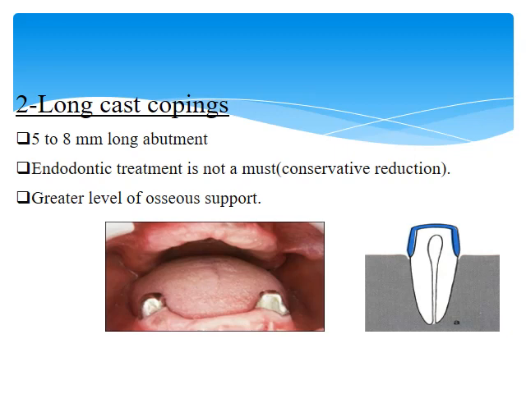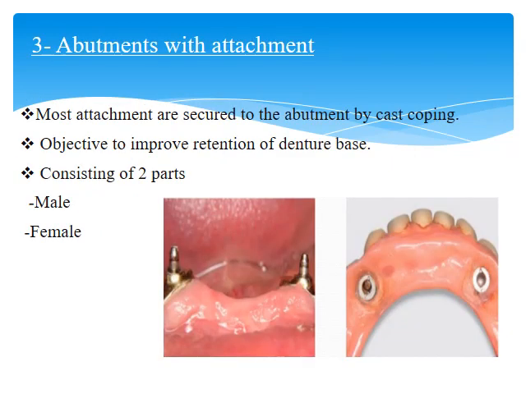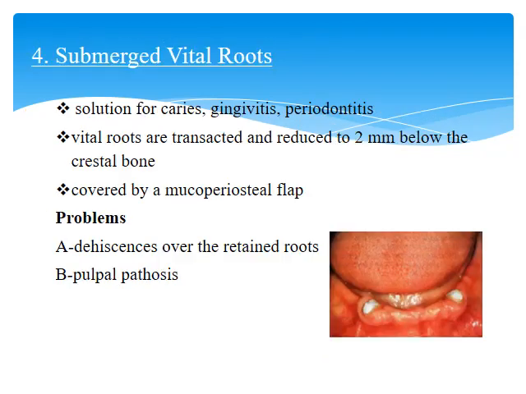Conservative reduction is needed and a greater level of osseous support. While the abutments with attachment: most attachments are secured to the abutment by cast coping and aim to improve retention of the denture base, consisting of two parts, which are the male and female part.